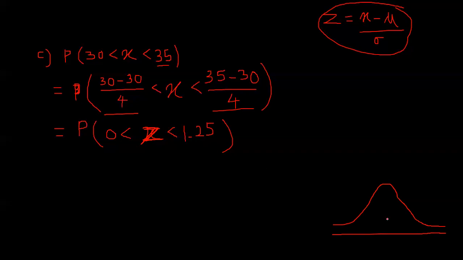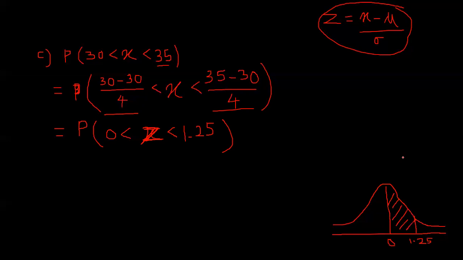In the graph, when Z is greater than 0 and less than 1.25, it usually be something around here. So 0 and 1.25. So this is the Z area.